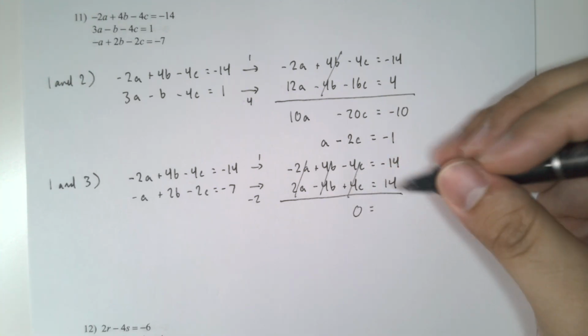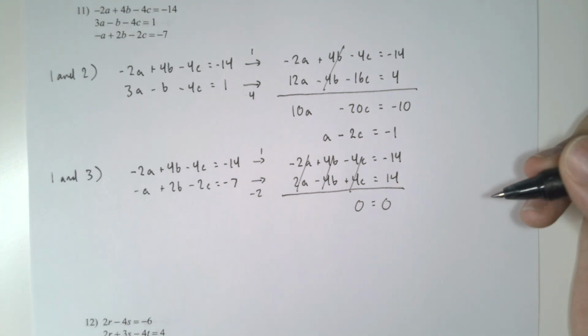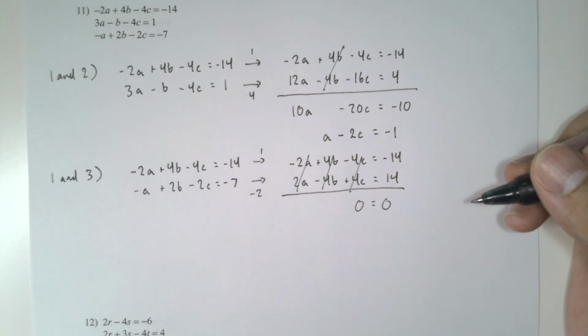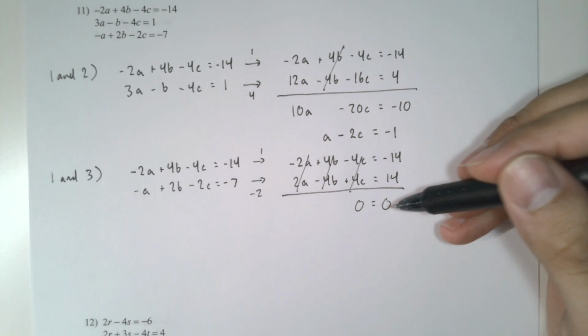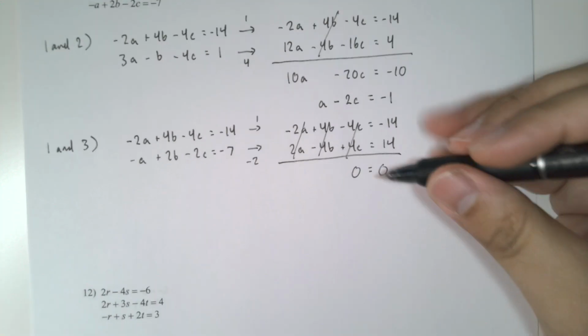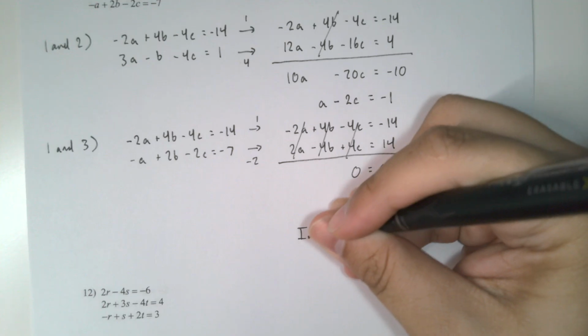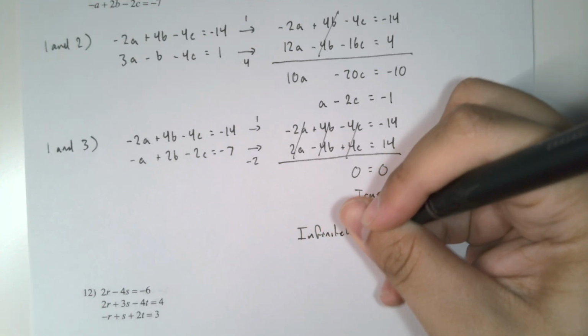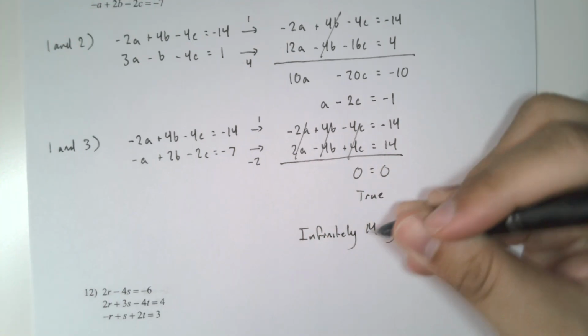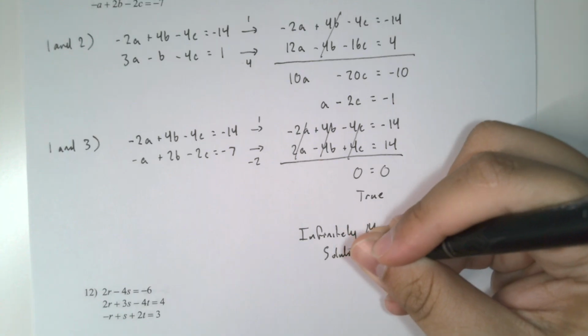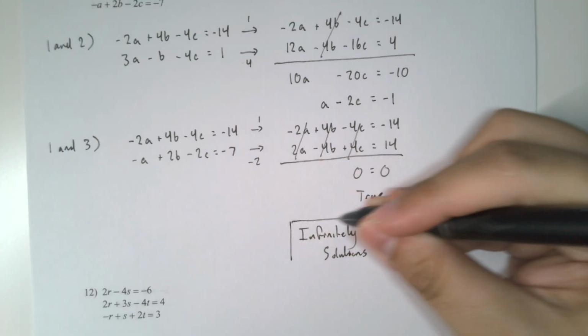And on the right, we also have cancellation of 0 is equal to 0. So since we have a 0 is equal to 0, that tells us that this is true, and that means that we have infinitely many solutions.